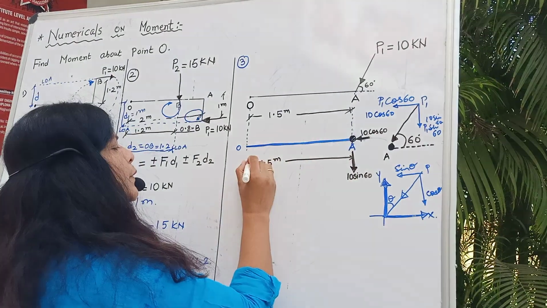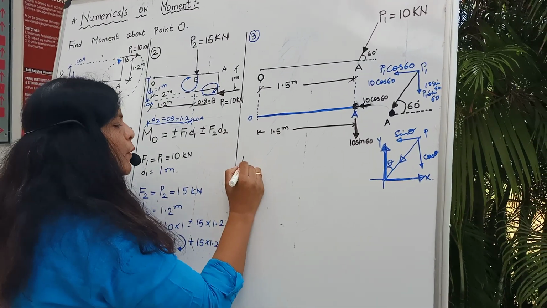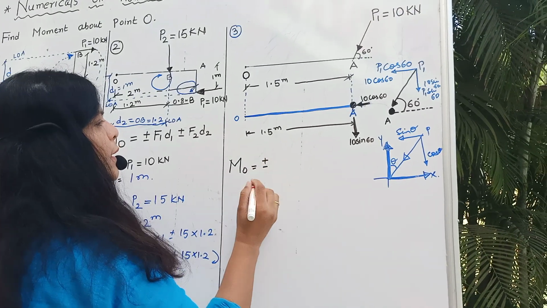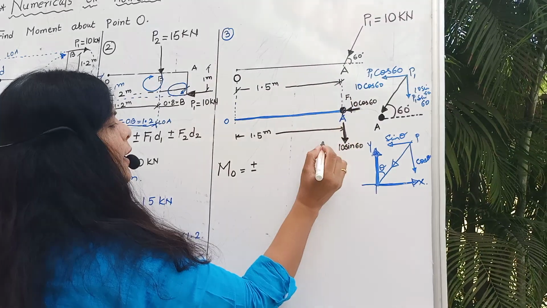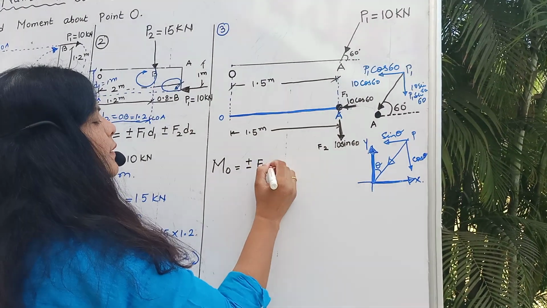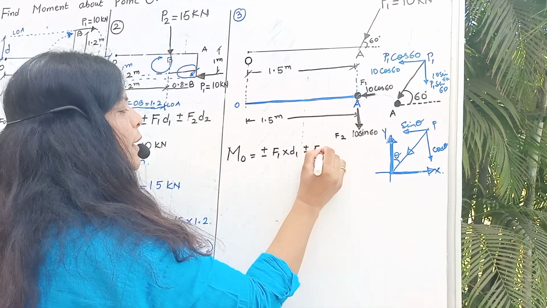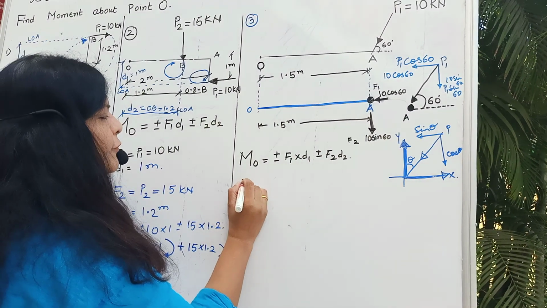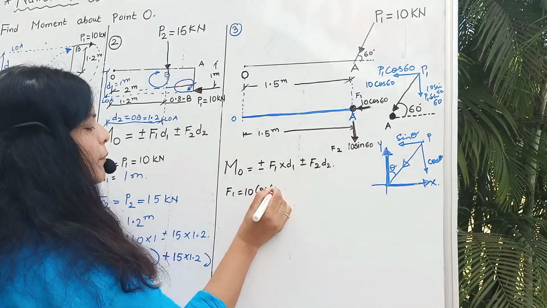Okay, so now if I want to take the moment about point O, what is our formula? Plus or minus, I name it as suppose F1 and I name this as F2. So F1 into D1 plus or minus F2 into D2. What is F1? 10 cos 60.